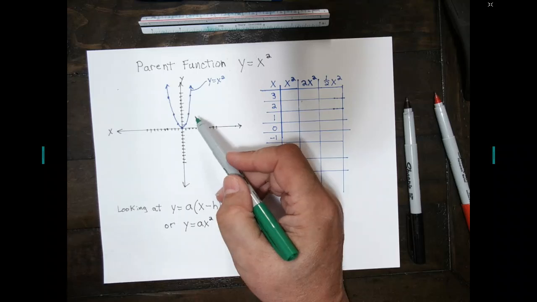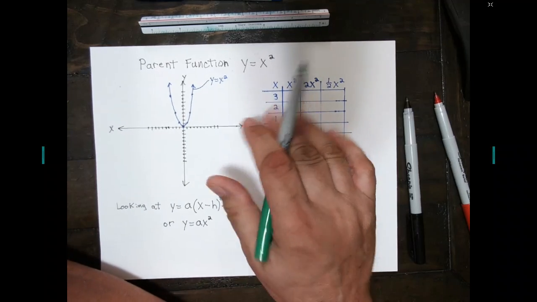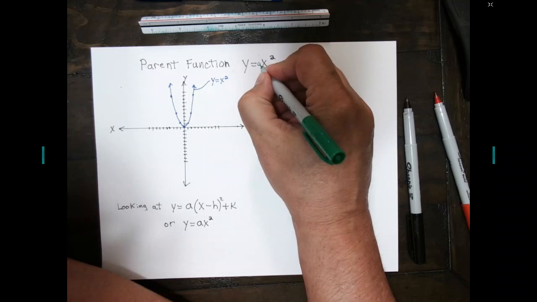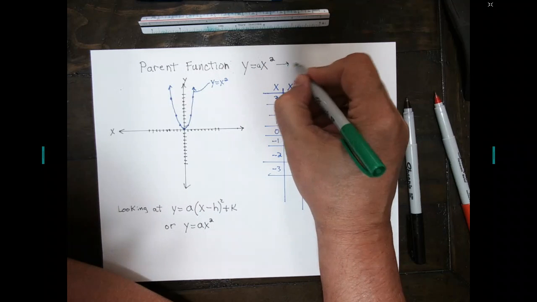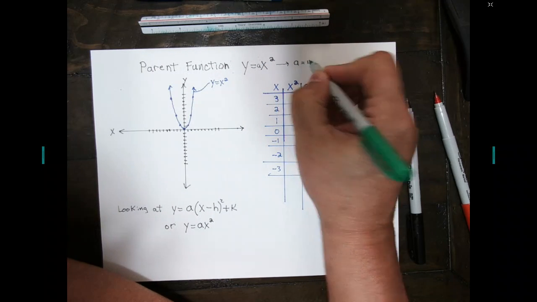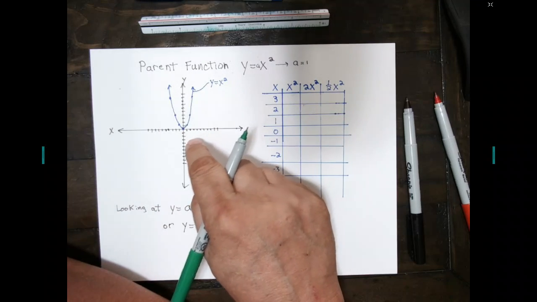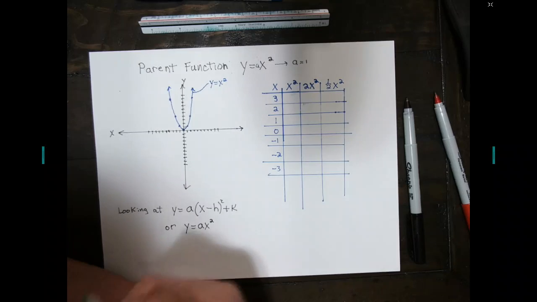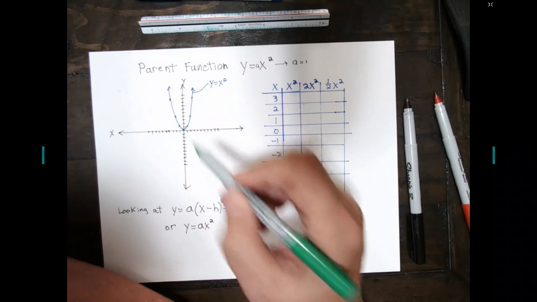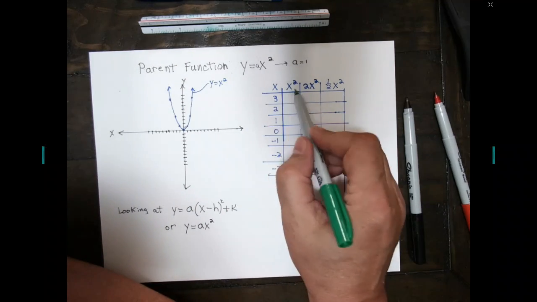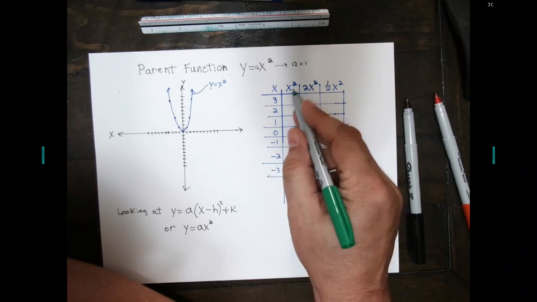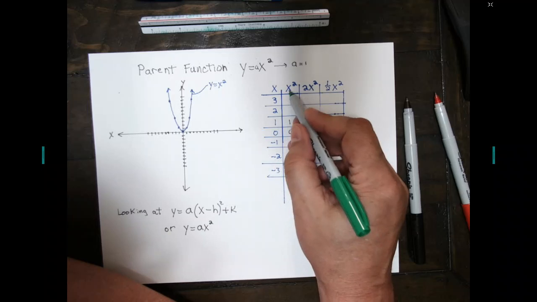As a quick reminder, this is the parent function of a parabola, y equals x squared. There's usually an a term here, and in this case, our a is equal to 1. This puts the vertex at the origin. I've already plotted this parabola, but if I plug in 0, 0 squared is 0, 1 squared is 1, 2 squared is 4, 3 squared is 9.